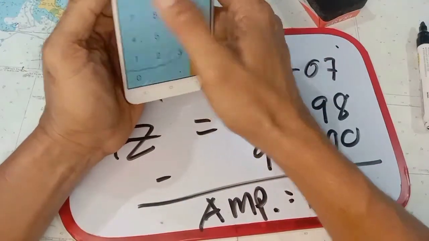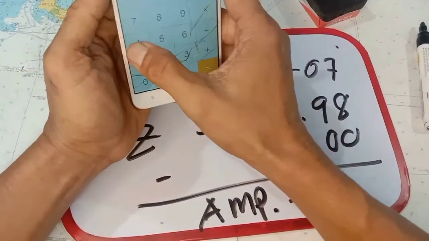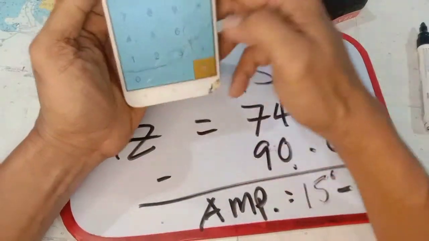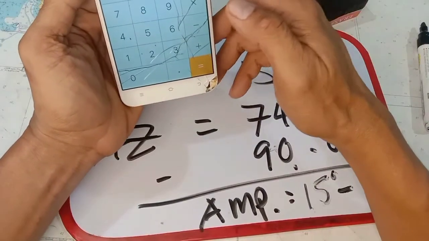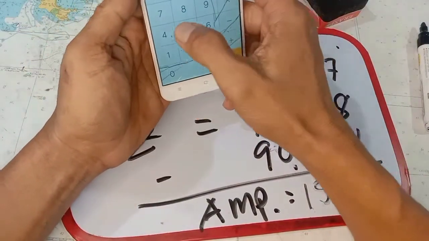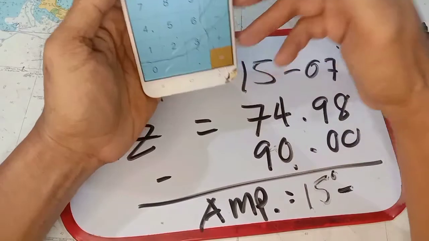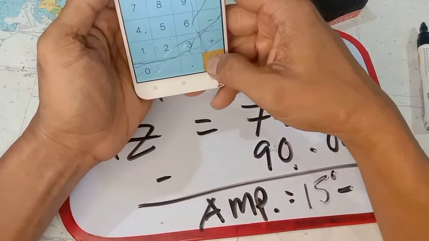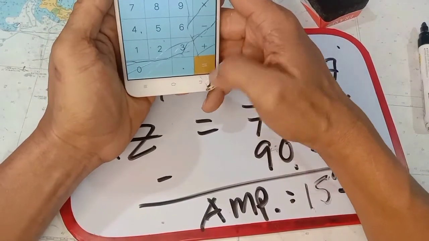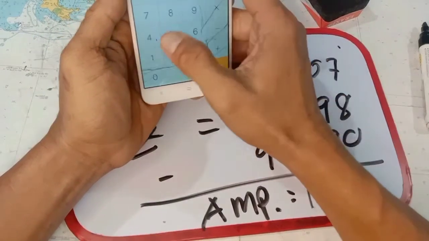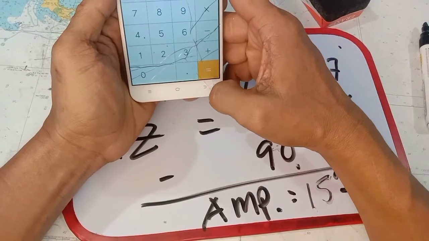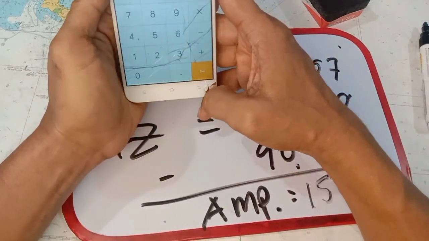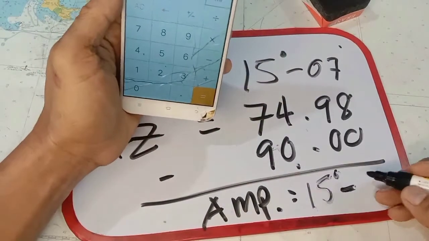How much is that? Ulit. So, 90 minus 74.98 equals. So, minus 15. The 0.02 will be multiplied by 60 in order to come up to the minutes.